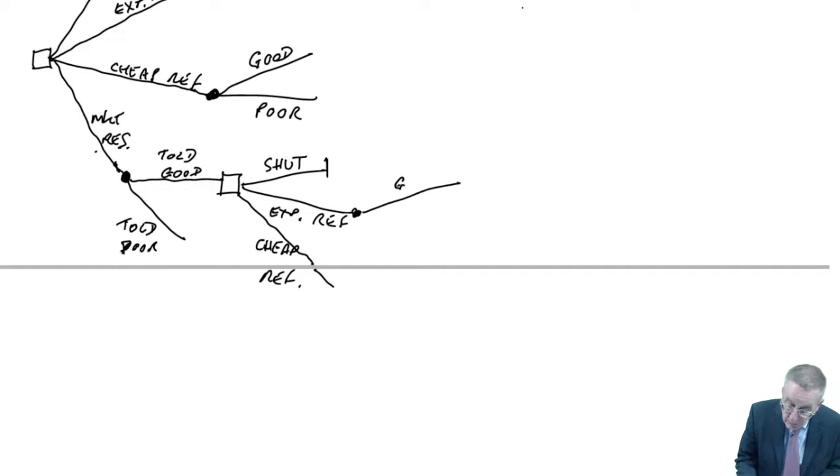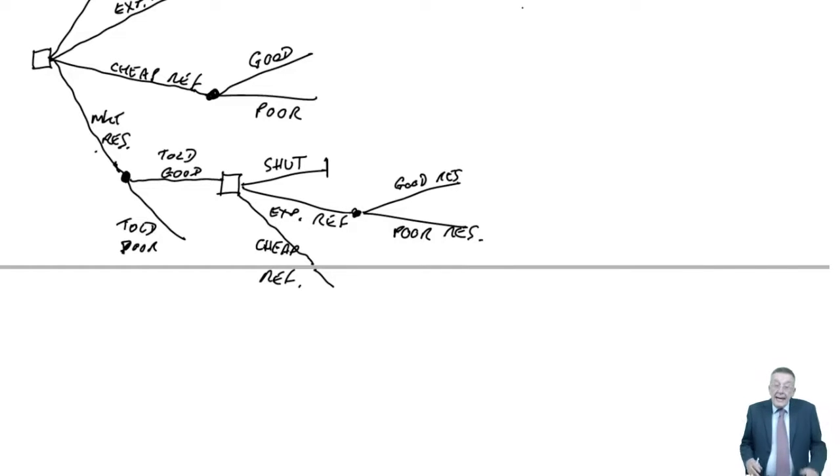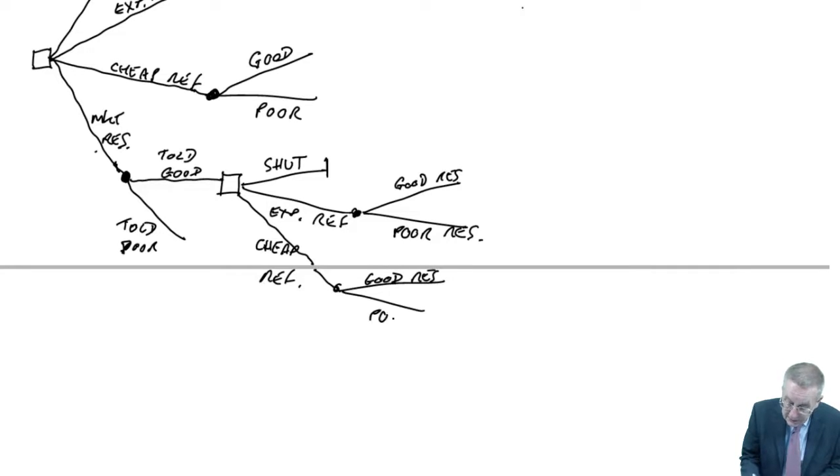So it may end up with a good result. It may end up with a poor result. And similarly, even though market research may have told us it's a good result, we'll still be able, if we want, to choose a cheap refurbishment. And again, if we choose a cheap, there's either going to be a good result or a poor result.